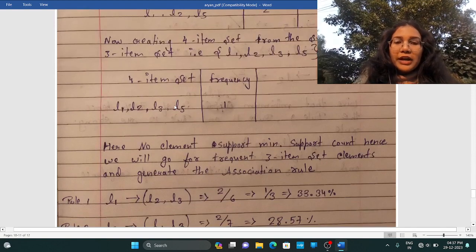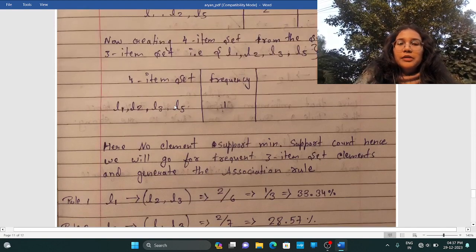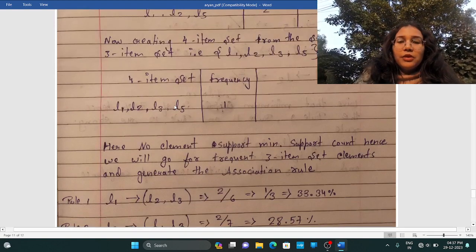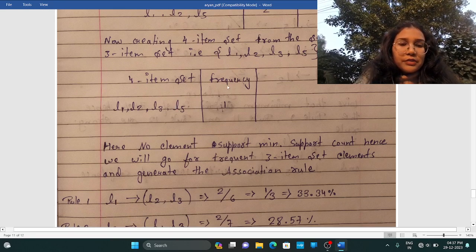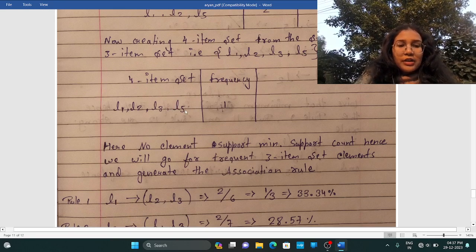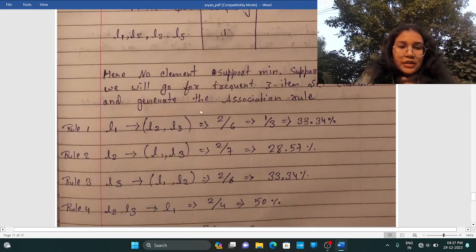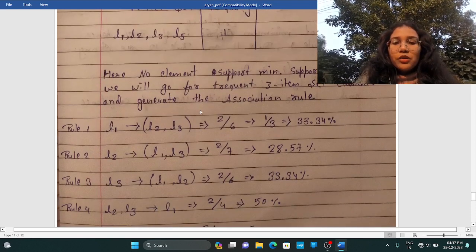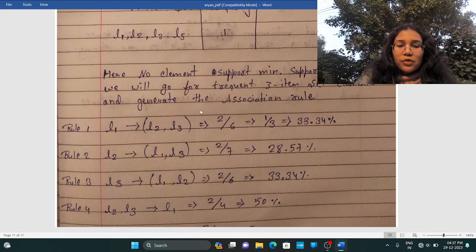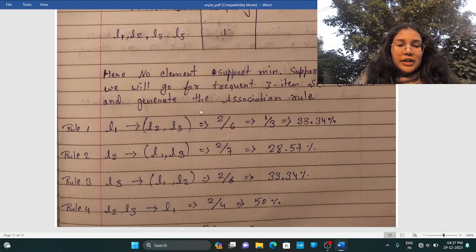Now creating four item sets from the frequent three item sets, that is L1, L2, L3, L5. The four item set L1, L2, L3, L5 has frequency 1. Here, no element meets the minimum support count, hence we take the frequent three item set elements and generate the association rules.